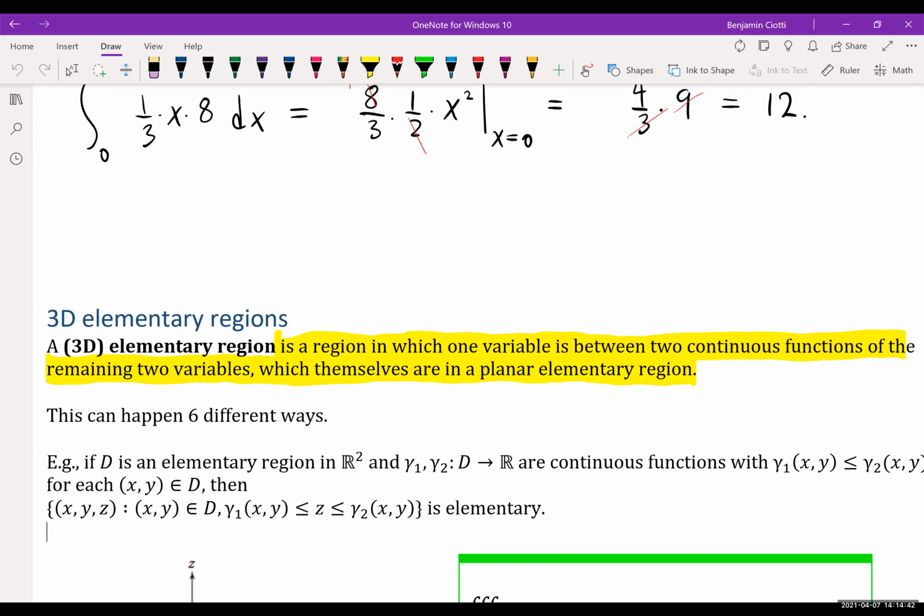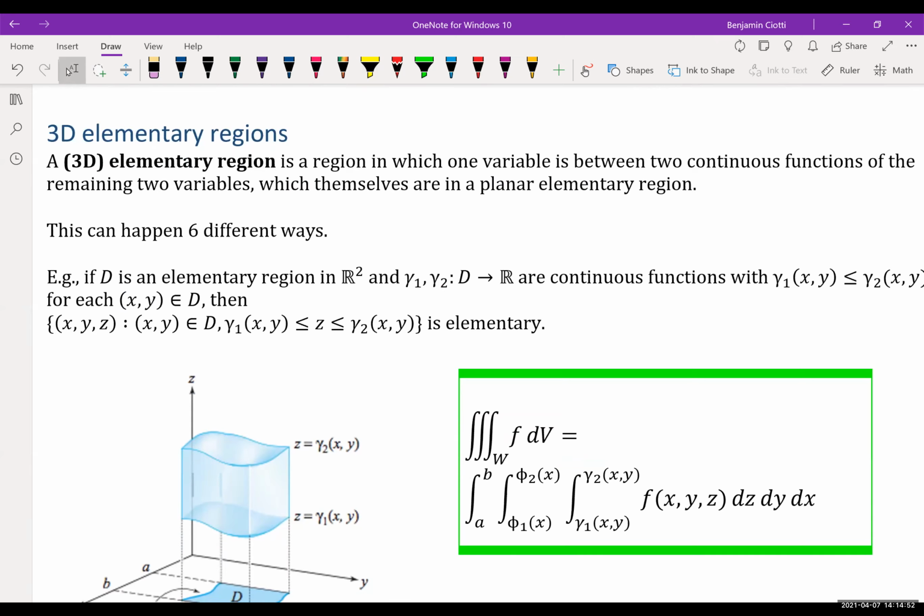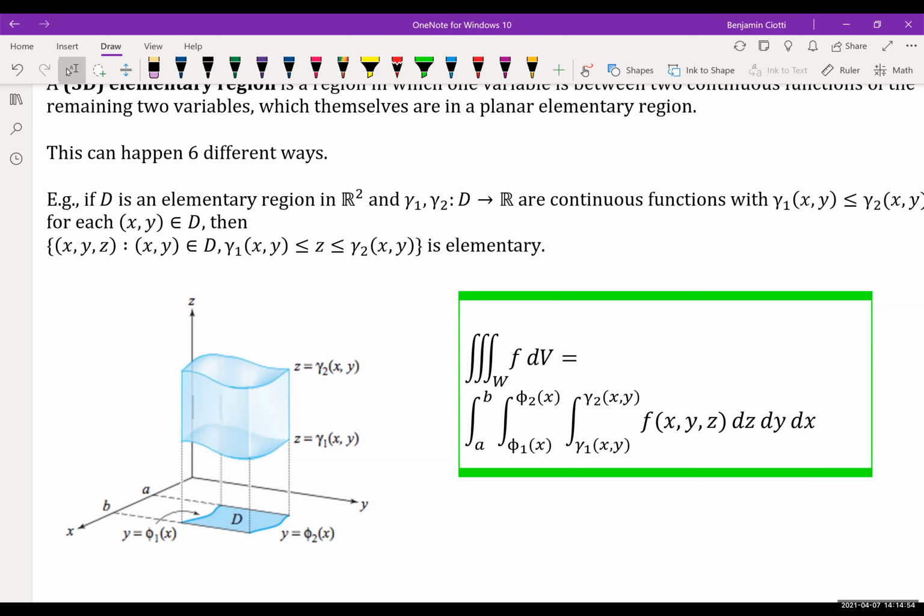So again, there are 6 total ways that this could happen. So I won't show you all 6, but let me do one of them. How about I'll show you the one here where z lies between 2 continuous functions of x and y, and x and y live in a planar elementary region.